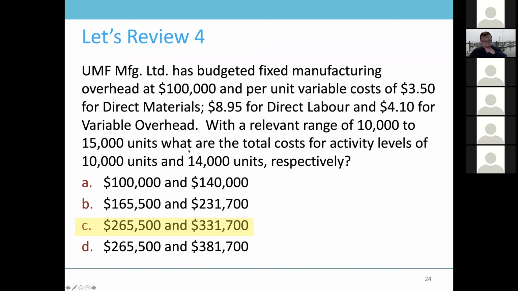For 10,000 units, I would have 165,500. But don't forget, that's just the variable cost. You also need to add the fixed cost, 100,000. So that's why it's 265,500, that's this number. And the same idea, you use 16.55 times 14,000 plus 100,000, you would get this number.